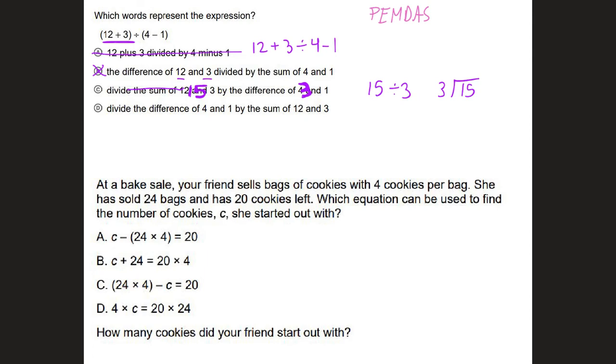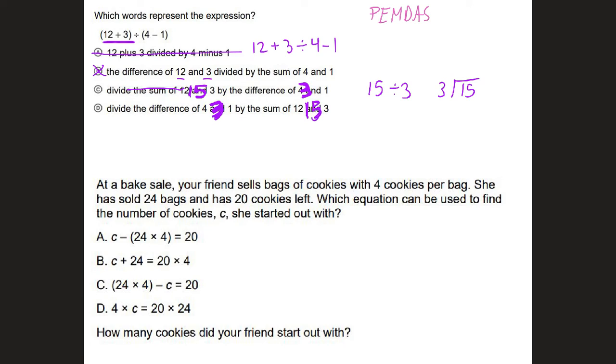Let's look at D. Divide the difference of 4 minus 1 by the sum of 12 and 3. They have a lot of similar words, but they flip the order. Let's plug those numbers in so I could just read it a different way. So this is 3 and this is 15.